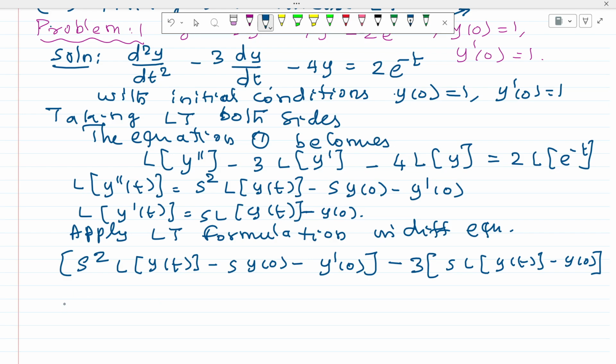Then one more term is there, minus 4 L of y of t, equal to the right hand side. What is the right hand side here? 2 L of e power minus t.